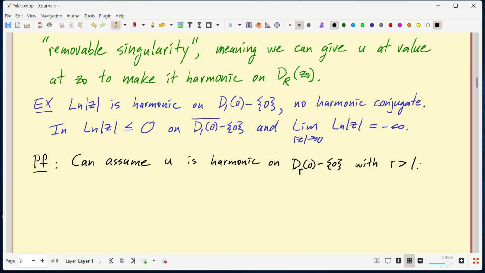And we can assume it's bounded by something. I'll make it only bounded above. Let's say that u is less than M on that set.